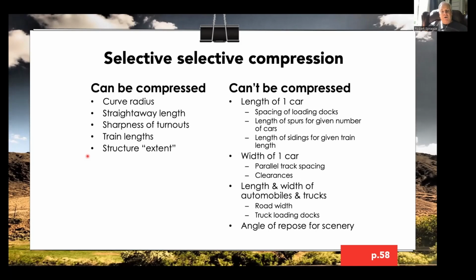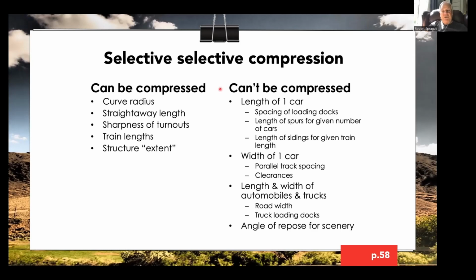A structure we can compress the extent of. In other words, if it's deep and we're just showing the front end of it, there's really no problem with cutting off the back if we're not interested in it.